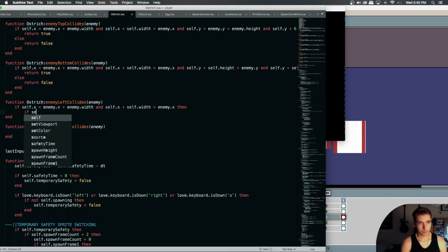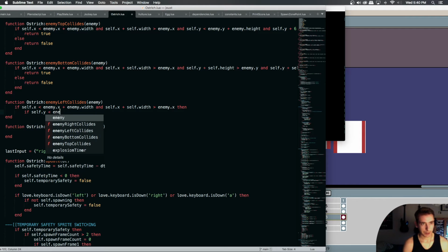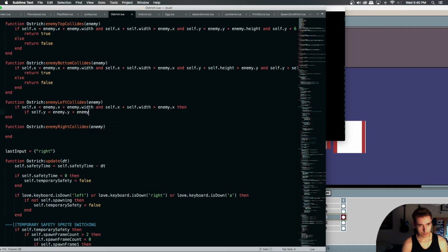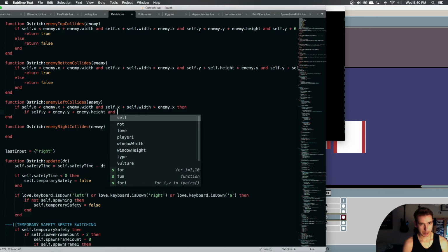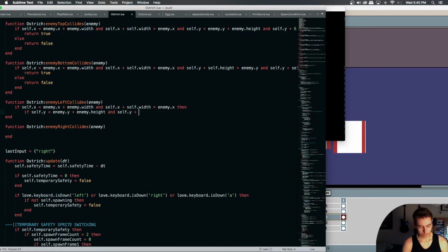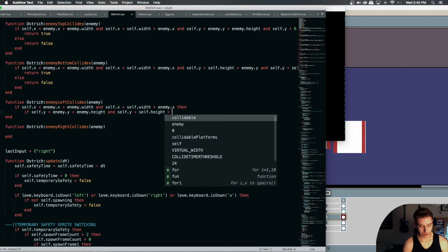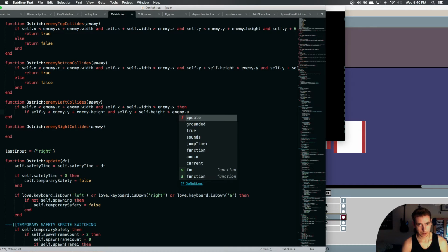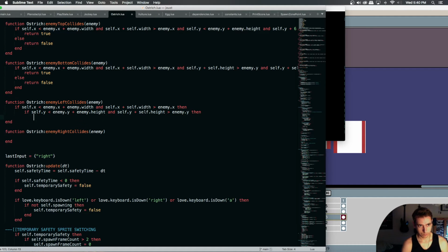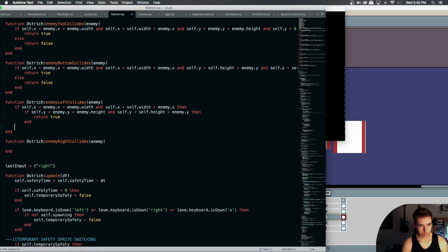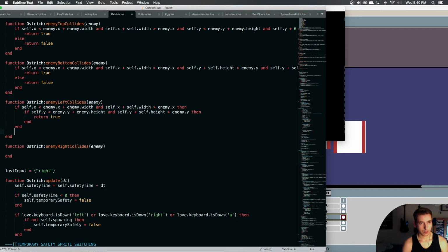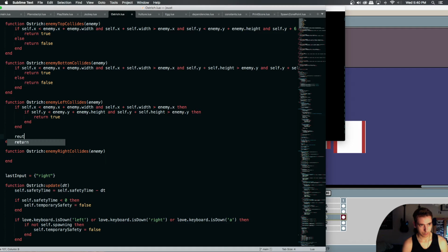Then if the top of our ostrich is smaller than the bottom of our enemy, and the bottom of our ostrich is greater than the top of our enemy. If those things are all true, return true. Otherwise, return false.